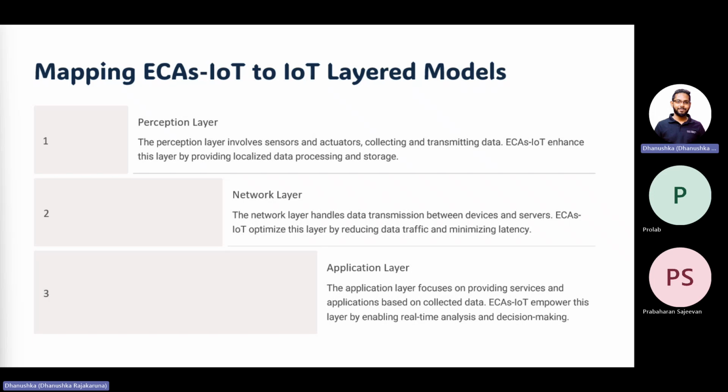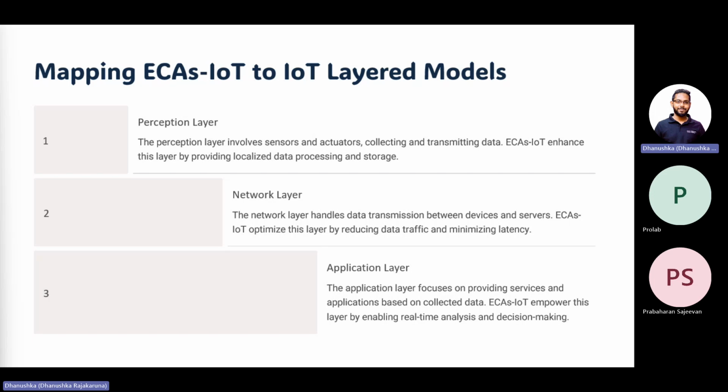The use cases of the perception layer are smart thermostats performing local temperature regulation and motion detectors that preprocess video feeds before sending data.